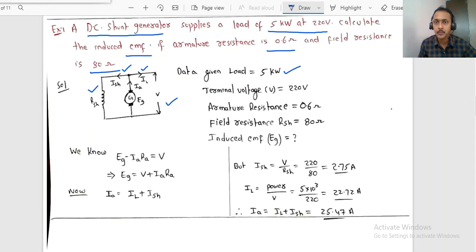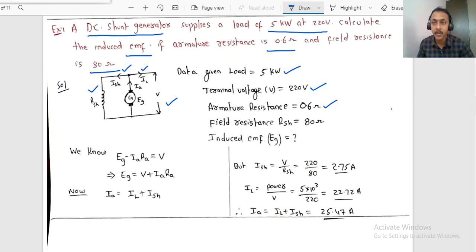Terminal voltage. The names of the variables are important because even though we know the formulas, sometimes this 220 represents which voltage? There the student gets a doubt whether it is EG or V. And also armature resistance, the variable name is to be indicated with letter RA.